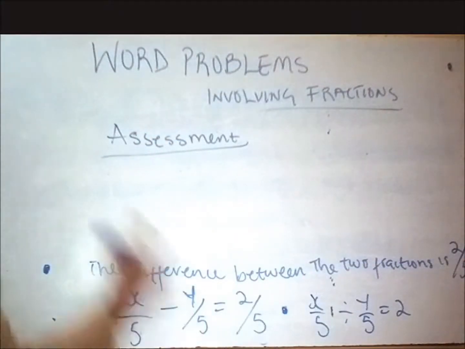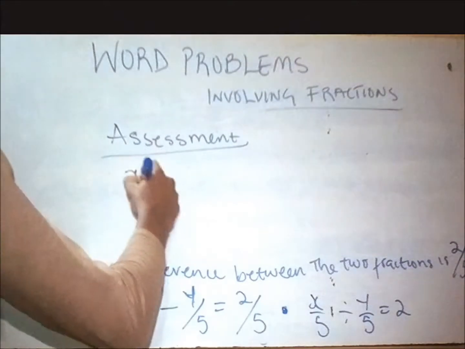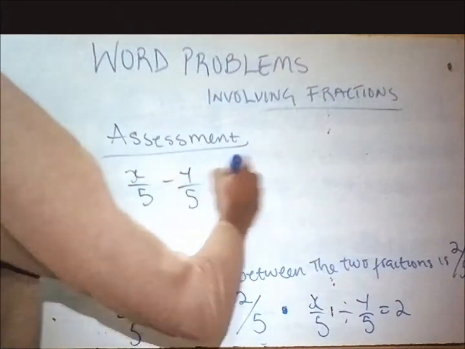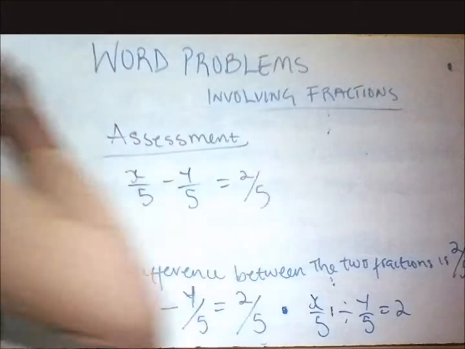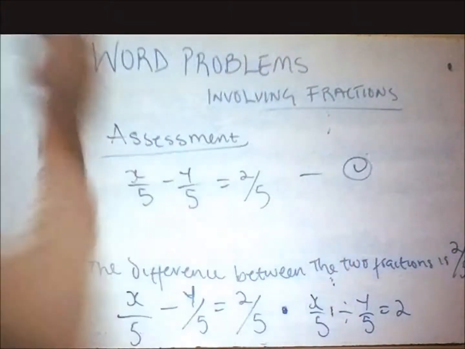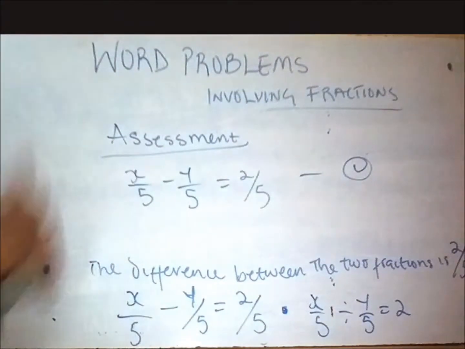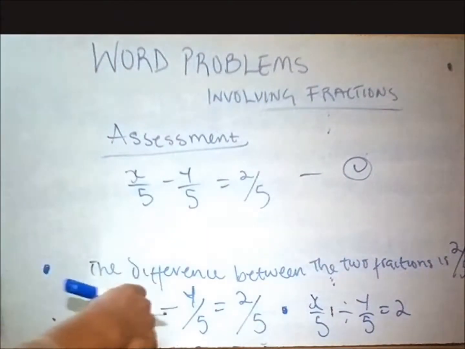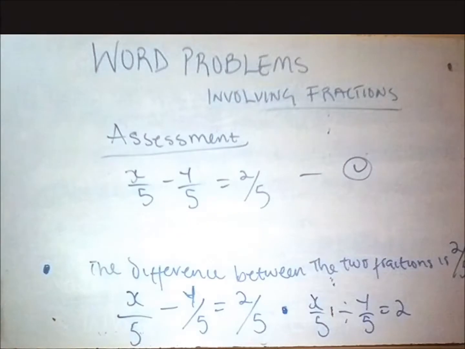So if I bring this up, we have x over 5 minus y over 5 equals 2 over 5. So let's call this our first equation. So then we're not solving a simultaneous equation. Actually, we're only going to do something related to it.